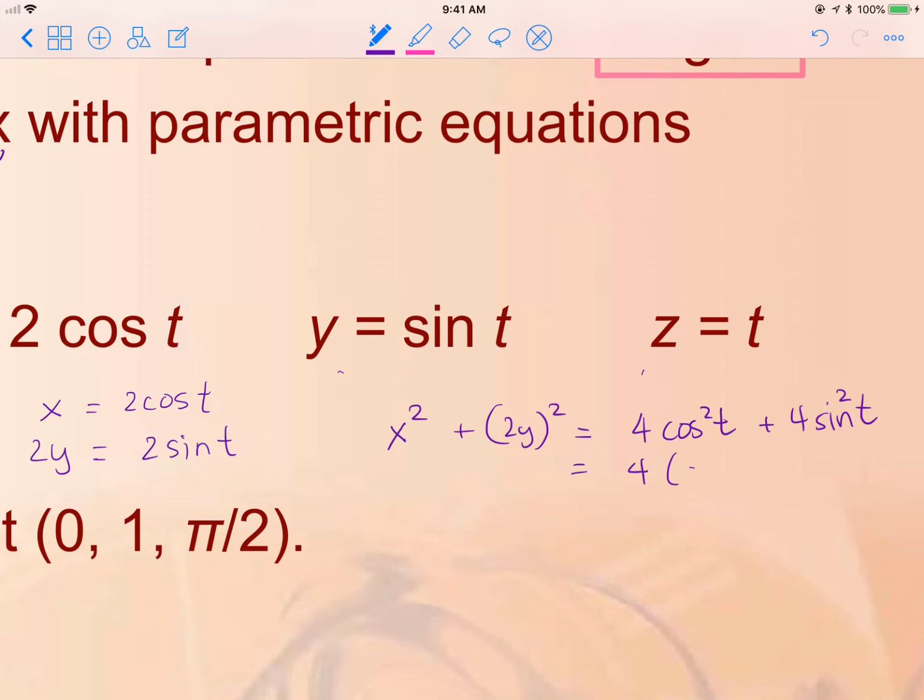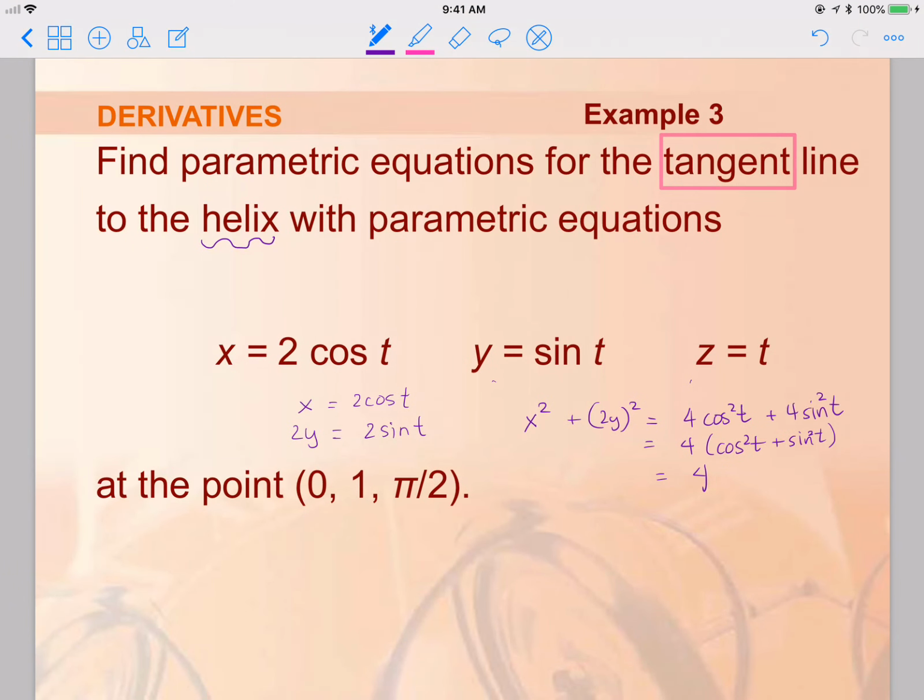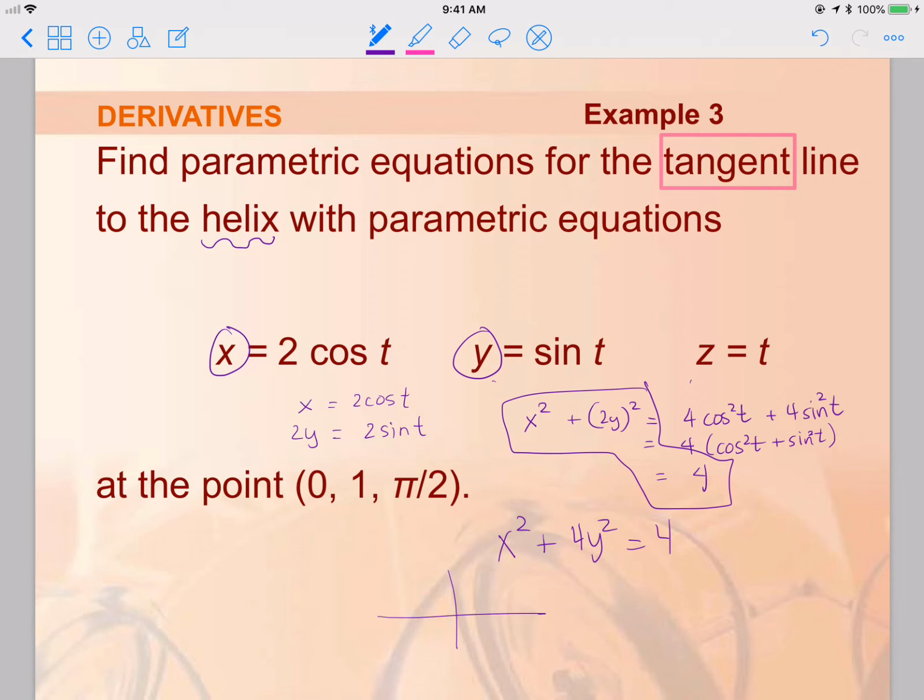Pull out the 4, and we get cosine squared t plus sine squared t, which we know is equal to 1. All right, so that means that all of the points x, comma y satisfy this equation here. What is the graph of x squared plus 4y squared equals 4? That is an ellipse. Does that make sense? It's going to come out to 2, back here at -2, and so on. So it's an ellipse.